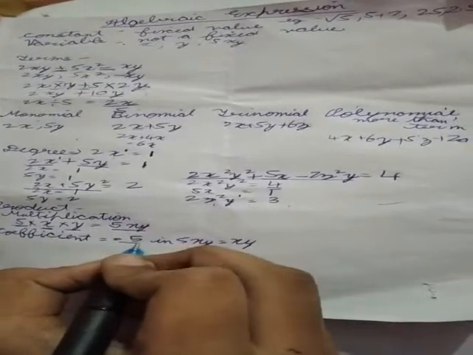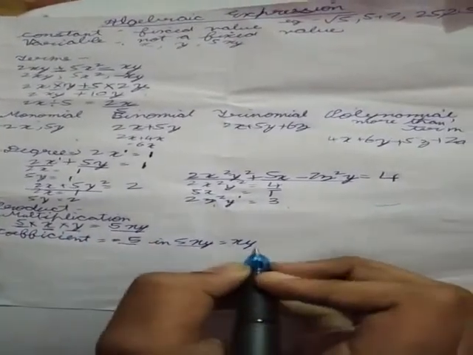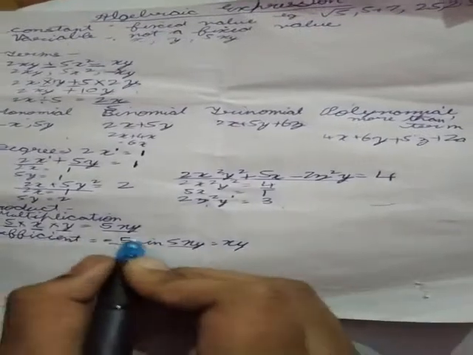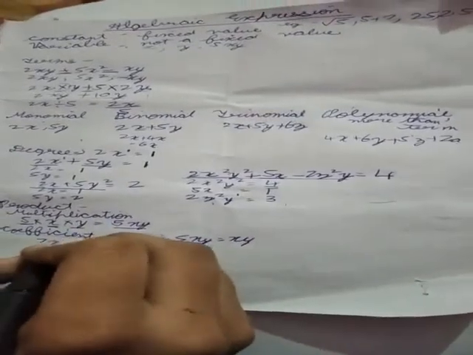What's the neighbor of 5 in 5xy? We get x and y. So that's the coefficient of it. That makes it easier: understand the coefficient as a neighbor. What's the neighbor of 5? xy.